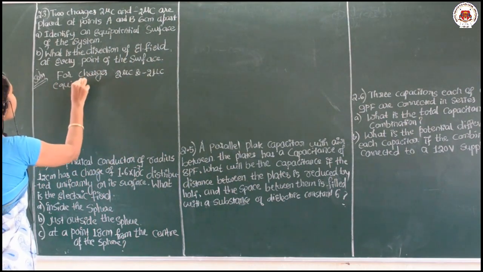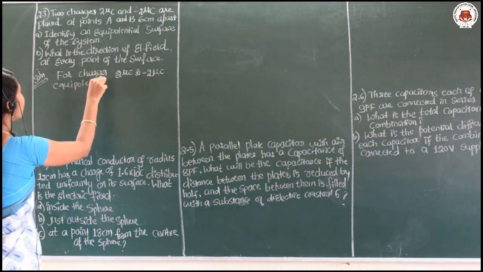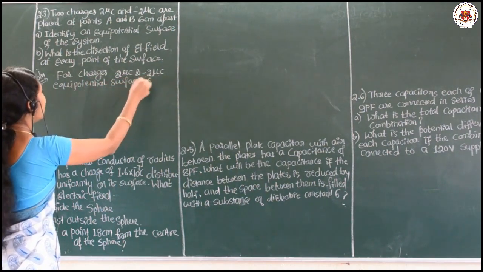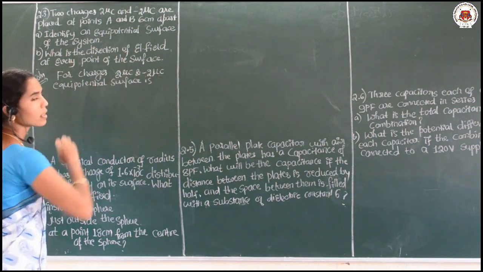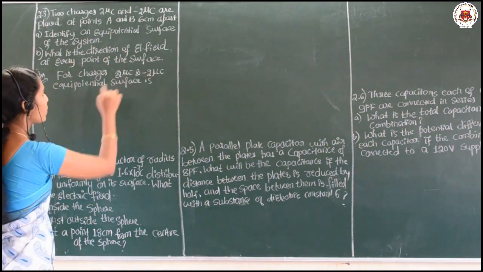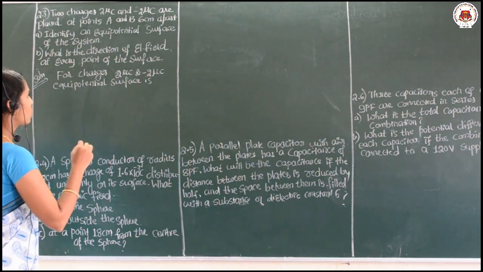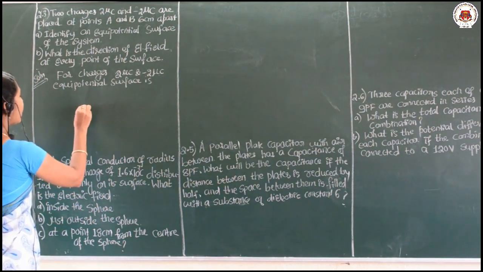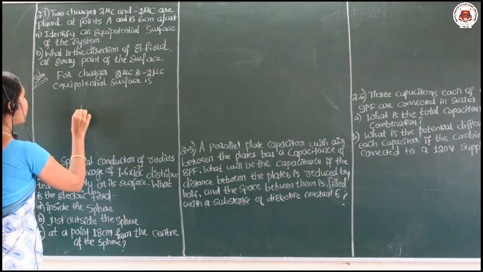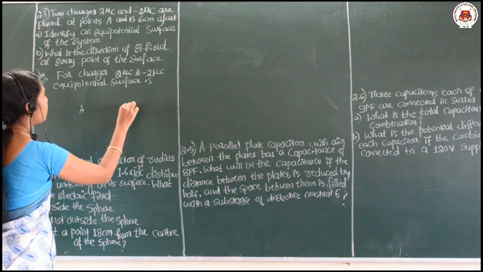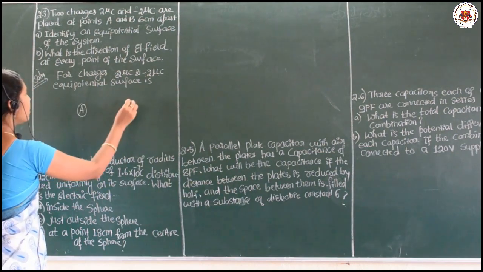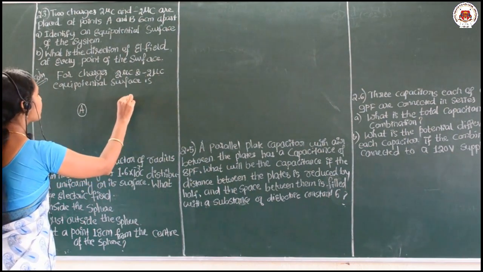Equipotential surface is, see here, one is positive, another one is negative, so it is forming a dipole. Therefore, I can use here a point A, this is a point B. That means this is for the positive charge, this is for the negative charge.